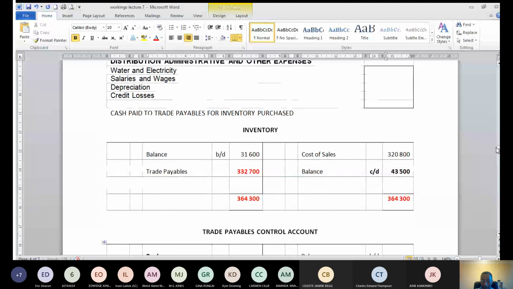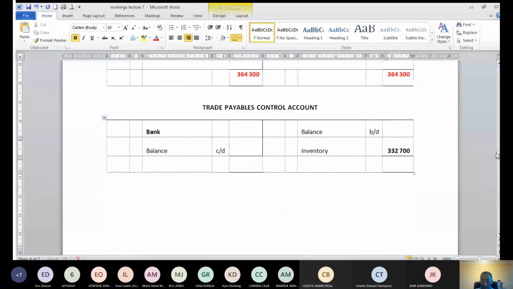Go to your trade payables account. Your trade payables account had an opening balance of 46,000 and a closing balance of 52,000.